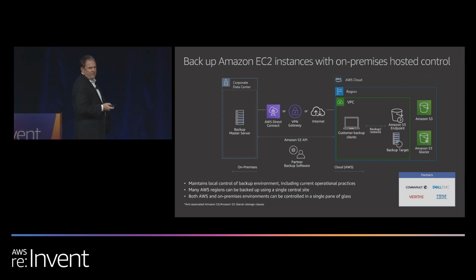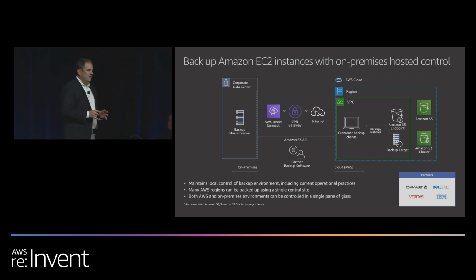We're seeing a lot of activity from our backup partners investing in the protection of AWS resources within the AWS cloud. This model is backing up EC2 instances, but controlling that from an on-premises infrastructure.